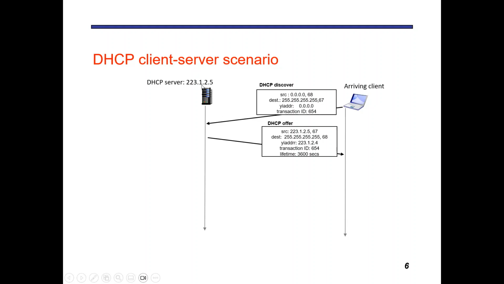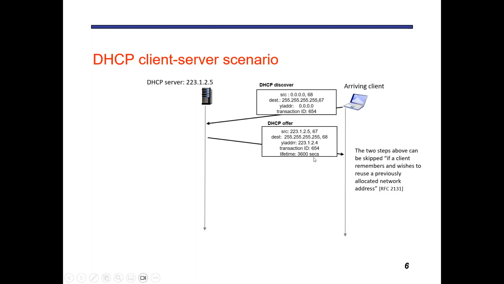The source is the server itself, so the source IP you can see here. The destination is a broadcast because still the server doesn't know where this client is and it still doesn't have the IP address. So it's making an initial offer. You can see the transaction ID is 654 because this transaction ID is keeping track of these messages. And then you have the lifetime, which is 36 seconds.